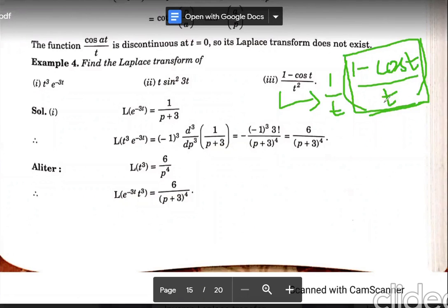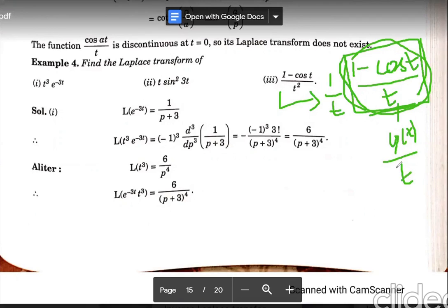Then give it another name, say g of p, and consider this whole function as g of t. The Laplace transform of g of t you have already got. Then for the Laplace transform of g of t by t, again use the result.